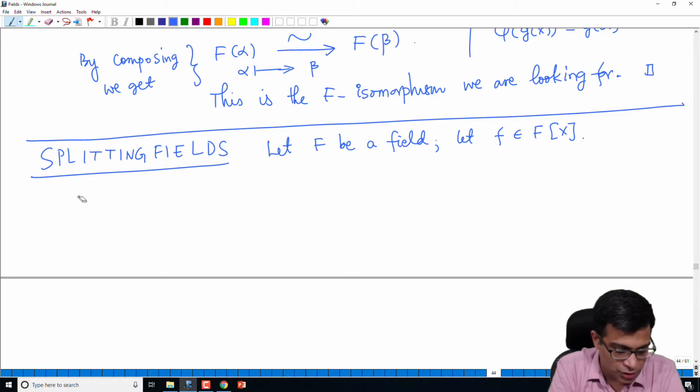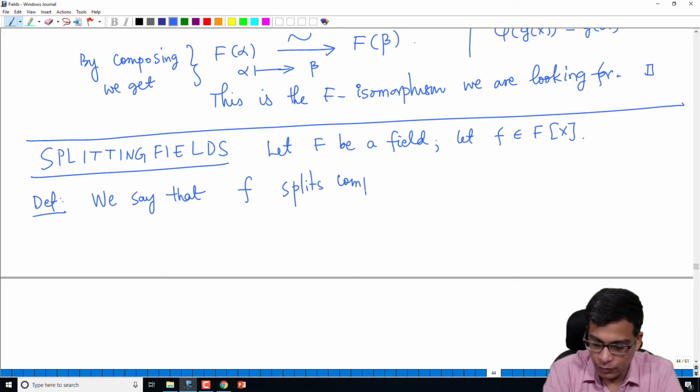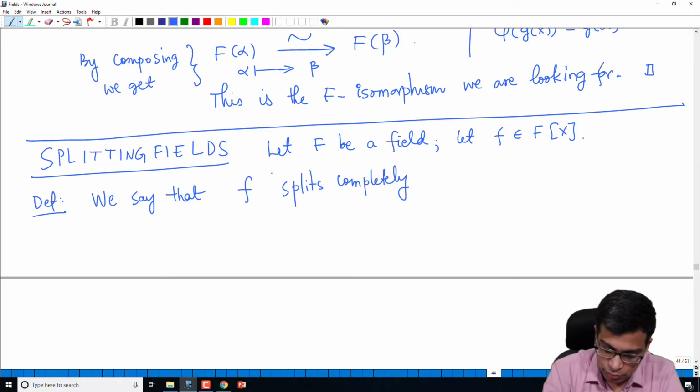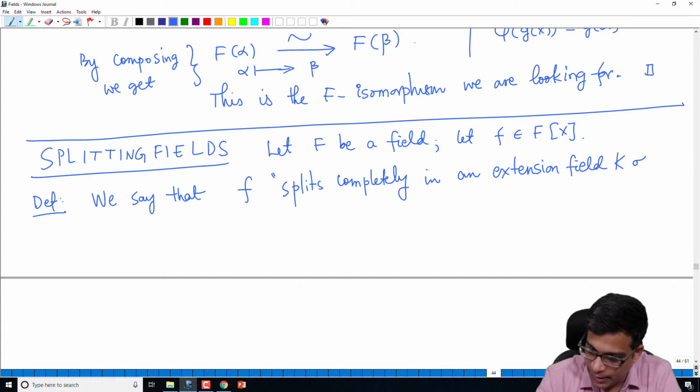We say that, and this is an important definition, f splits completely in an extension field K of F. So this is the terminology.